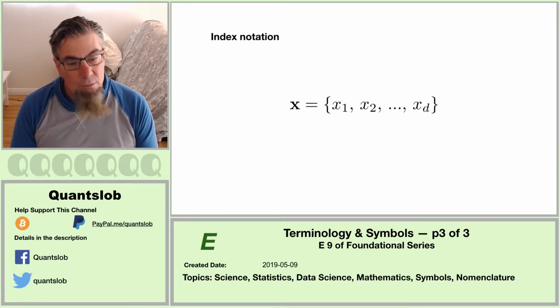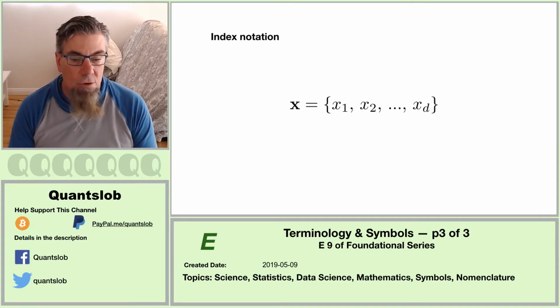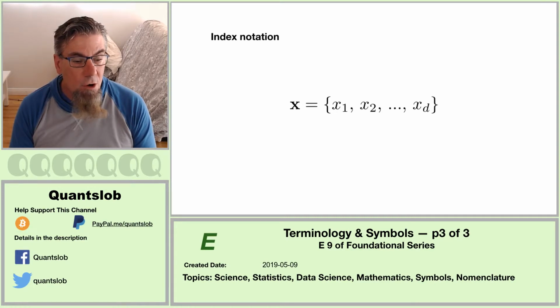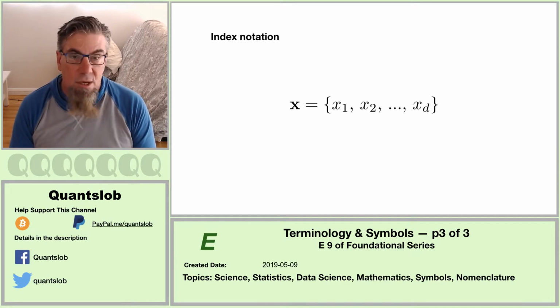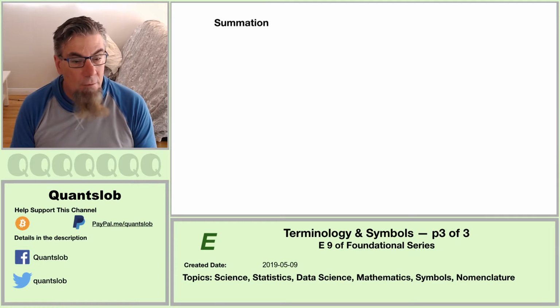We may have some collection of values of an attribute and want to be able to refer to each value. This works not only if the indices are explicit, like if we have a list, but also implicitly, like if we don't necessarily know or care about the order of the values. We can use subscripts. Commonly for convenience, these subscripts will simply be counting numbers like 1, 2, 3, and so on.